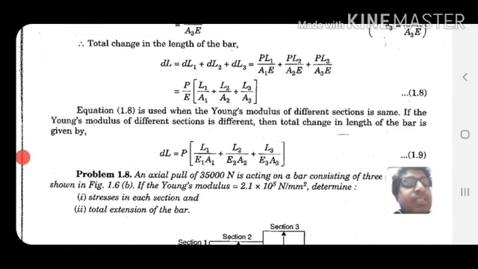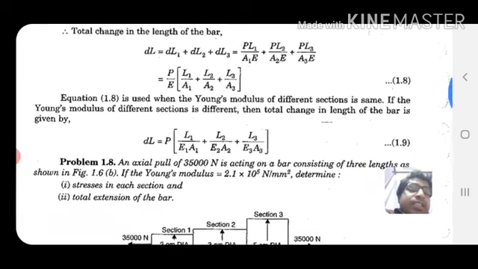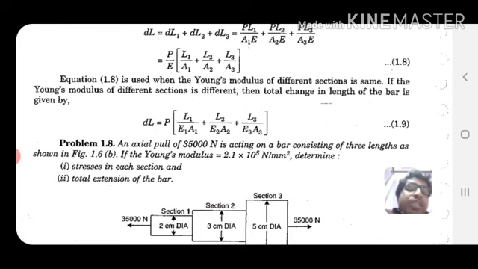That is equal to P by E times L1 by A1 plus L2 by A2 plus L3 by A3. This equation is used when the Young's modulus of the different sections is the same. If the Young's modulus of the different sections is different, then the total change in length of the bar is given by dL is equal to P times L1 by A1E1 plus L2 by A2E2 plus L3 by A3E3.